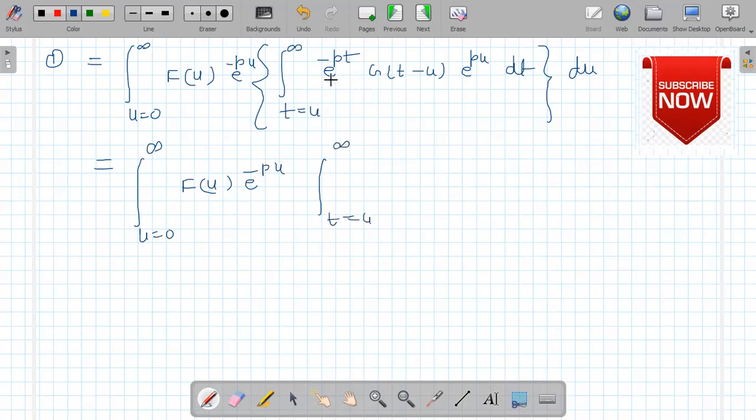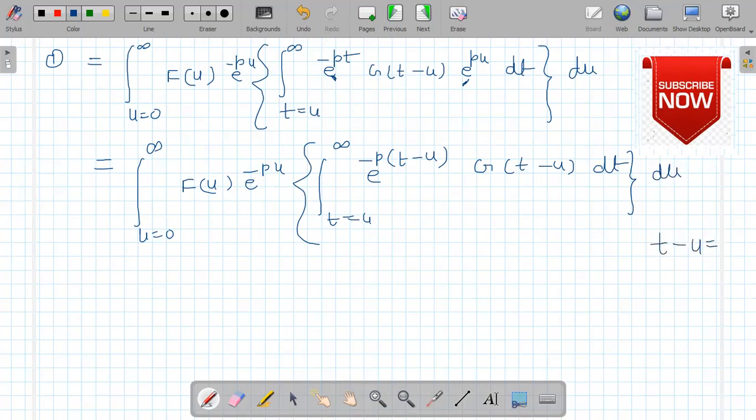now you combine these two, this one and this one. So this is minus p, you can take common, so this will become t minus u, g(t minus u) dt into du. Now I suppose t minus u to be v, so that dt is equal to dv.